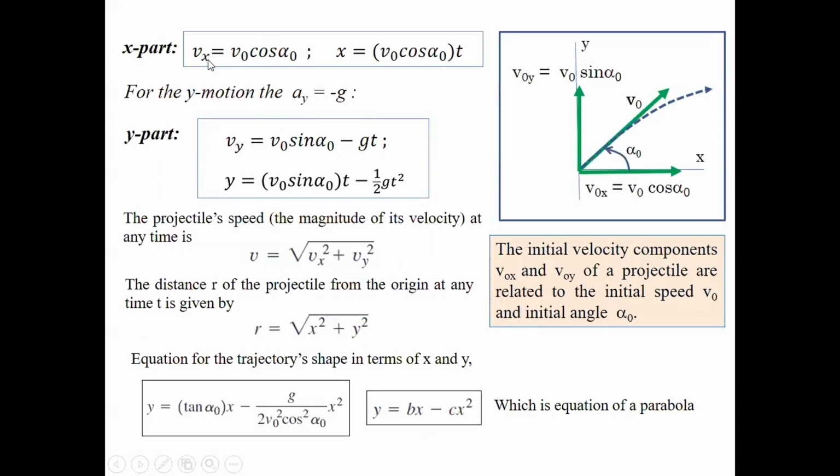Here we see that Vx is equal to V naught times cos of alpha naught. This is the initial starting angle. We can write theta naught also, it is a dummy variable. And x from this we get as V naught x, cos, multiplied by t.